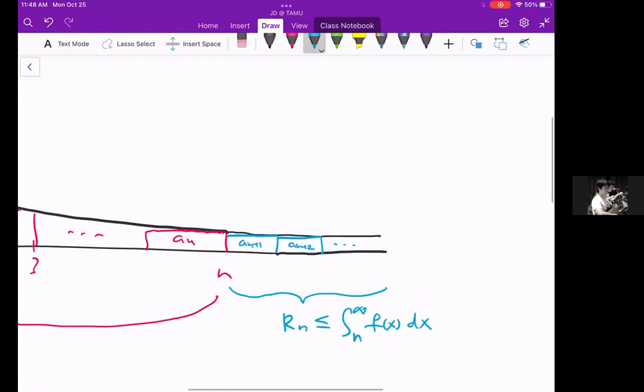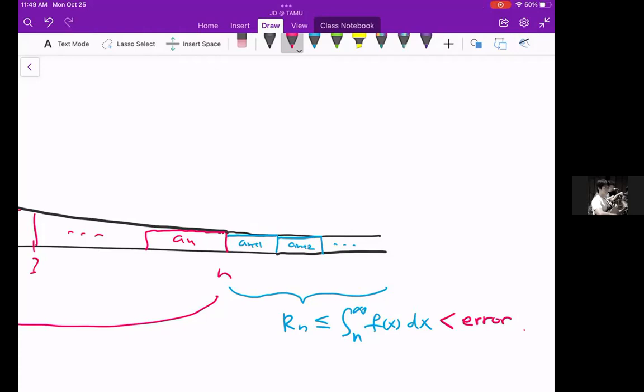And we're going to try to control this to be less than the error. In other words, if your improper integral from n is less than the error, then I can say my remainder R_n is less than the error. This is the way to control the estimation with the desired error.